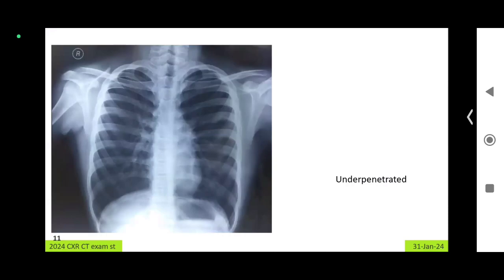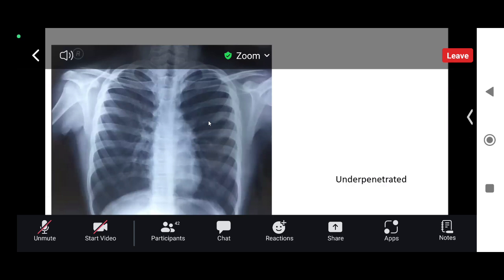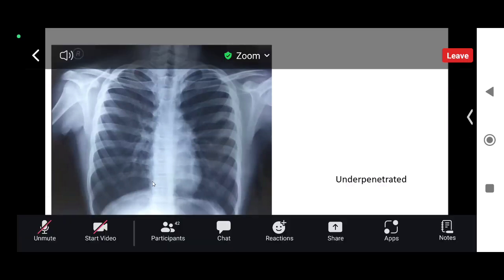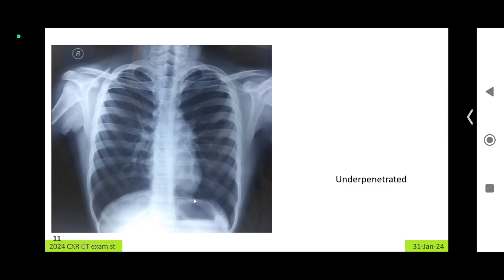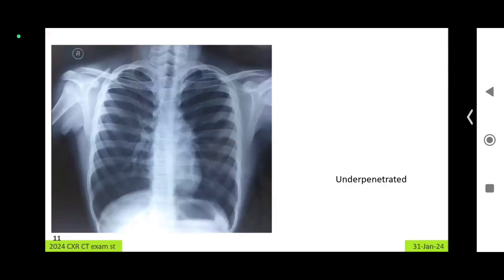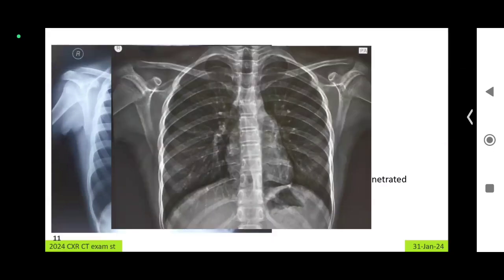This is a normally penetrated X-ray. That means you are able to see the intervertebral disc space through the cardiac silhouette. This is a hyperinflated lung film. It's a normally penetrated X-ray. What is over penetration? This is over penetration.